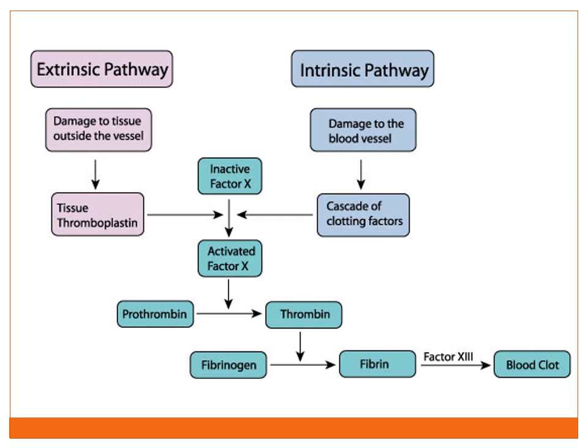Notice that both the extrinsic and intrinsic pathways eventually will cause an activation of factor 10. Factor 10 will catalyze the reaction of prothrombin to thrombin. Thrombin catalyzes the reaction of the protein fibrinogen to fibrin, and then factor 13 will activate fibrin to create a fibrin clot, or ultimately the blood clot.